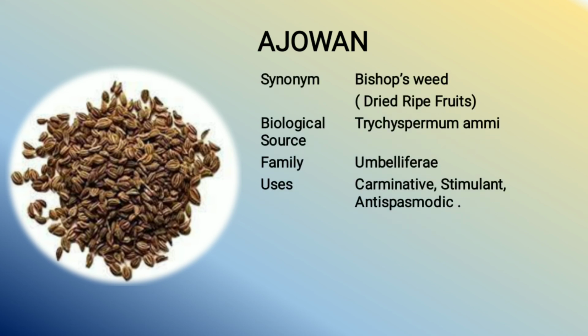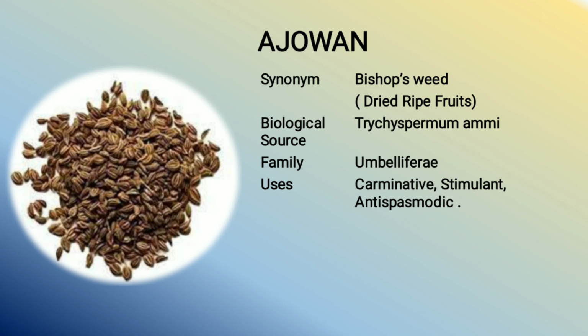Moving further students, so yes, identify this image. This image is of, yes, you know this very well, right? So this is ajowan, right? In Hindi it is called ajwain. And talking about its synonym, ajowan is also known as bishop's weed.